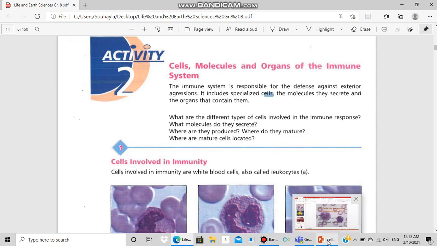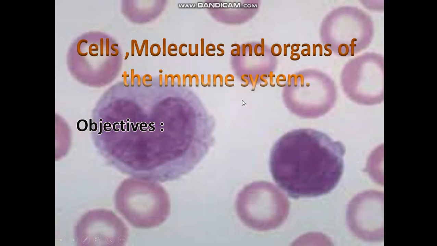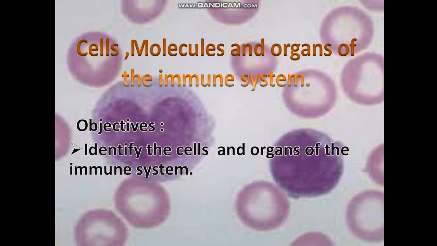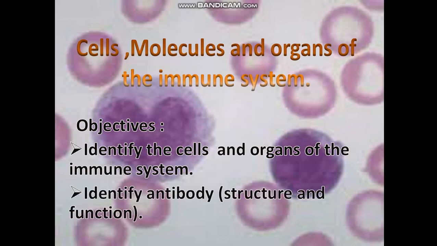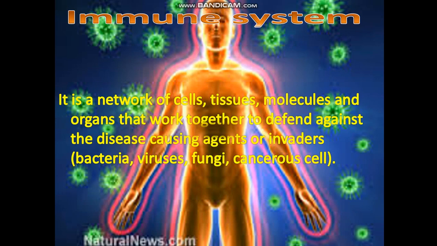Before we start explaining the lesson, let us do a quick revision. As we said, cells, molecules and organs of the immune system. I'm going to identify the cells and organs of the immune system, to know what an antibody is, its structure, and the organs responsible for producing these cells.